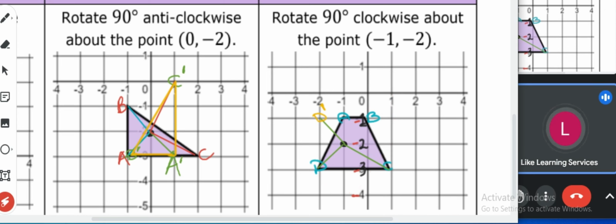You're supposed to go clockwise. Do the same thing you did, but go clockwise. Good, yeah, that's correct now. This is for C because this is clockwise by 90 degrees. So this will be the C prime.